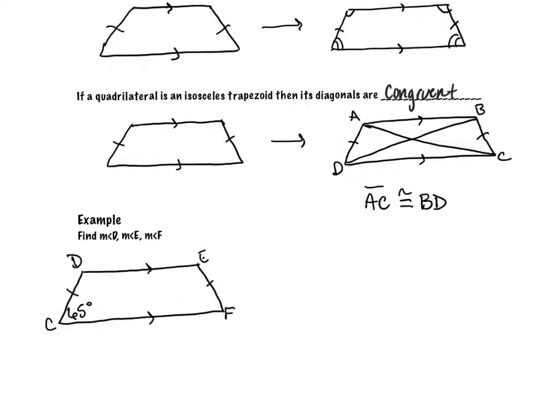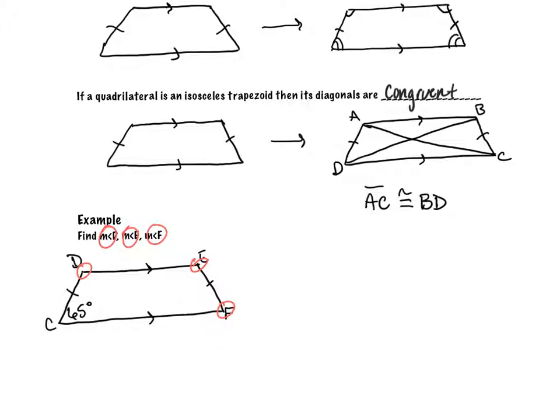If you look here, I'm trying to find D, E, and F. I want to know what the other three angles are. One thing I notice is that I have an isosceles trapezoid. My legs are congruent, so that means the base angles are going to be congruent as well.